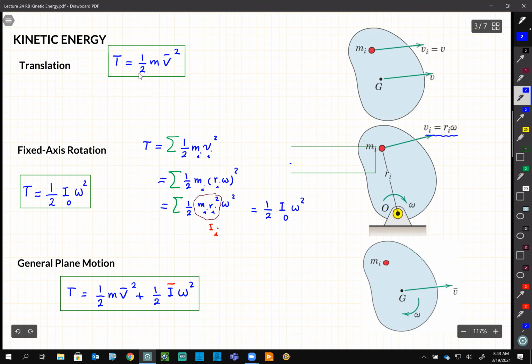The first one is obvious: no rotation, pure translation. The second one is fixed on a point. And the third one is a combination of these 2. We add them, right? One comes from V bar and one comes from omega, rotation. So let's see them in action.